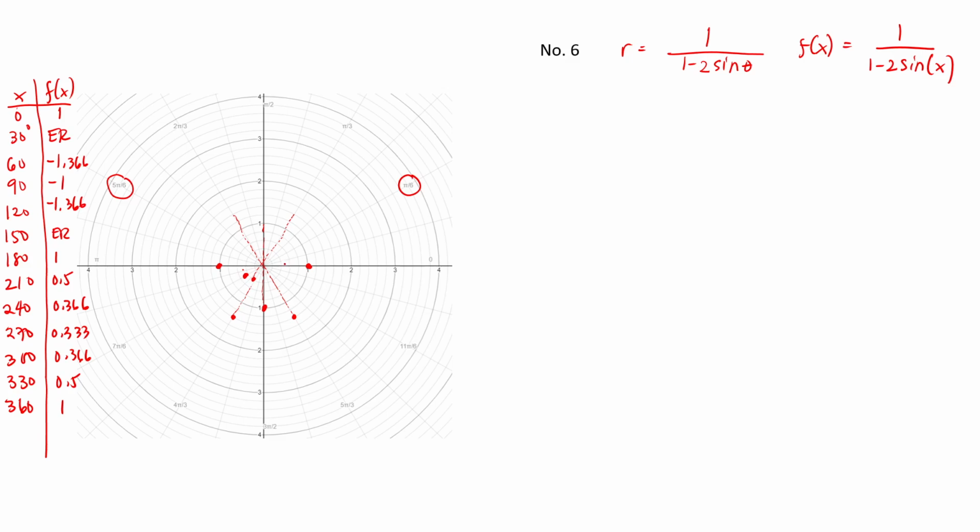Then 270 is 0.33. Then 0.4 na sad. Then 0.5, 330 degrees. Then going back to 1 again.